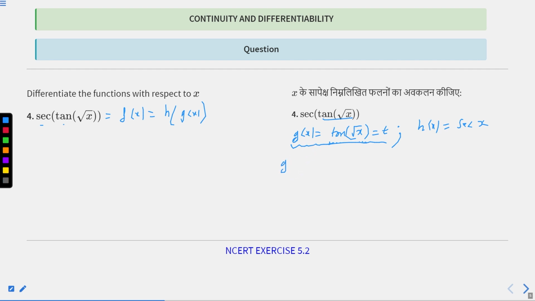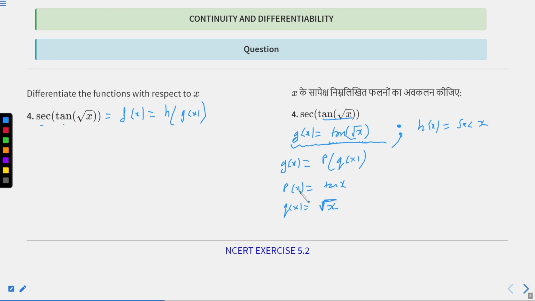Here I have to use this g(x) as a composition. Suppose p of q(x), where p(x) is tan x and q(x) is root x. That's it. Now it is quite simple to do.